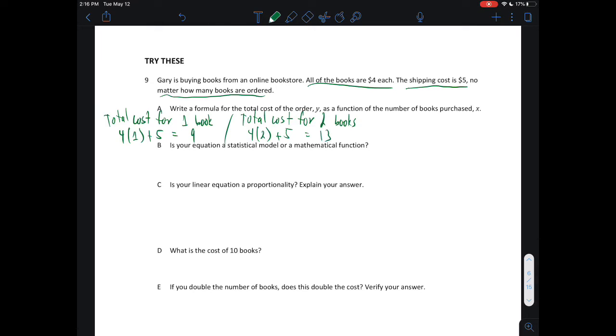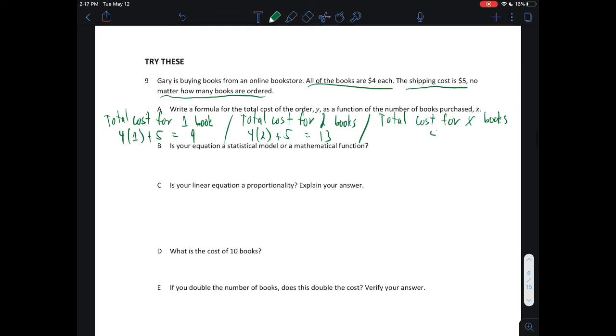So now to get your formula, just think, what's the total cost for, how about what they say, x number of books. x books. You'd have to multiply the number of books by 4, so that's 4x. And then you'd have to add $5 for shipping, 4x plus 5, and that gives you the total cost, which they are saying is y.